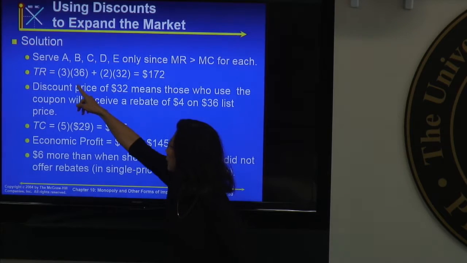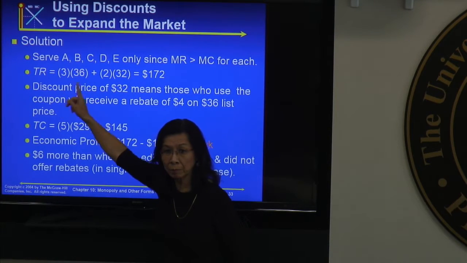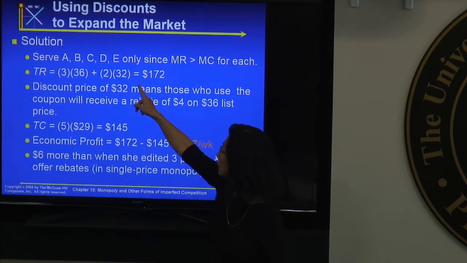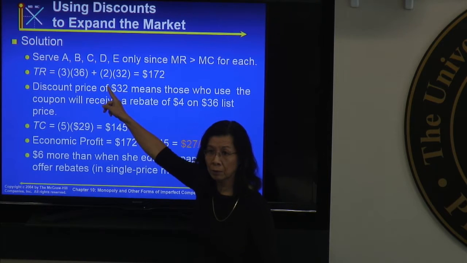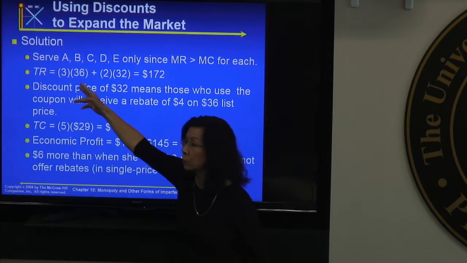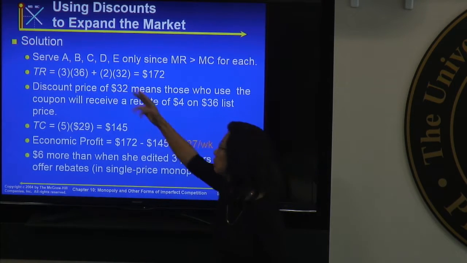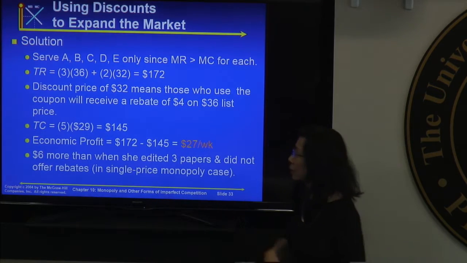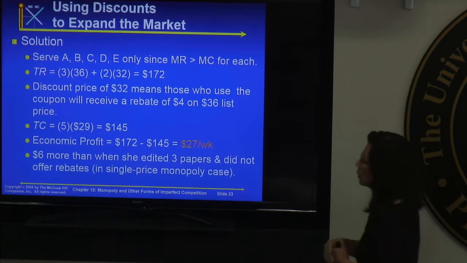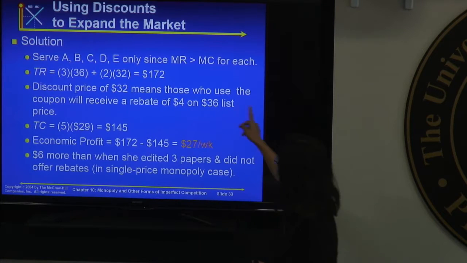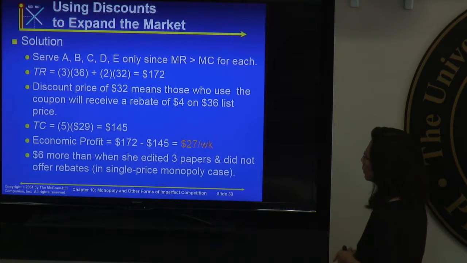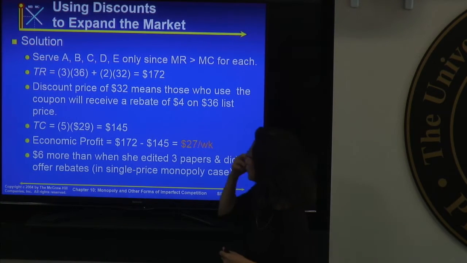So total revenue is 36 times 3 plus the second sub-market 32 times 2, because this is 3 people in the first sub-market, 2 people in the second sub-market. Look at that, 172. A discount price of 32 means this will use a coupon, will receive a rebate of $4 on the $36 list price.